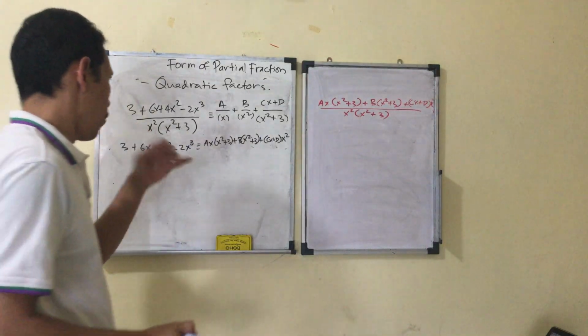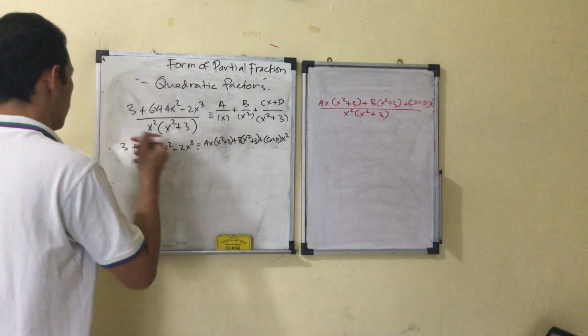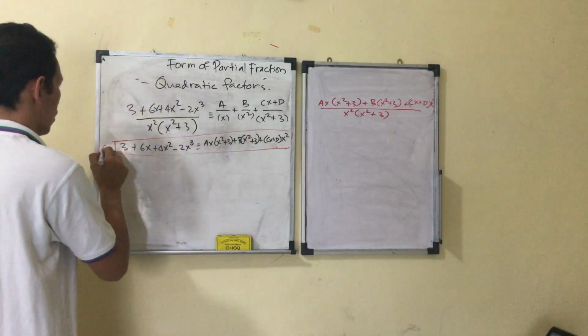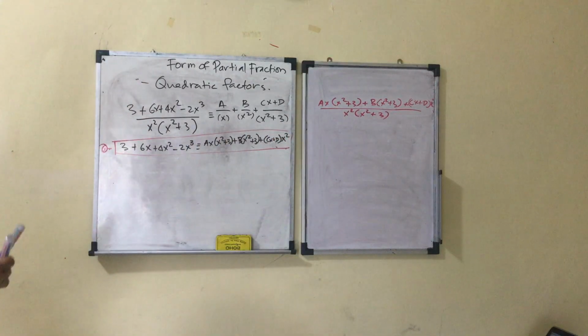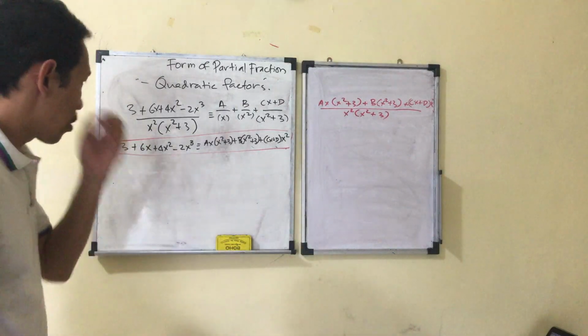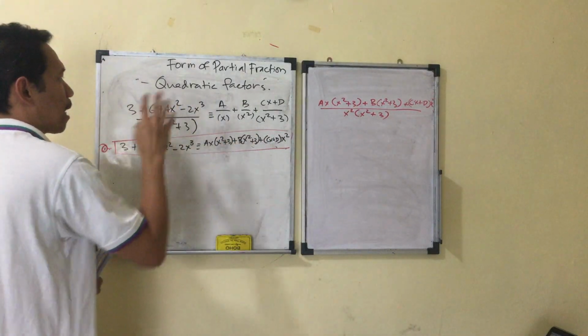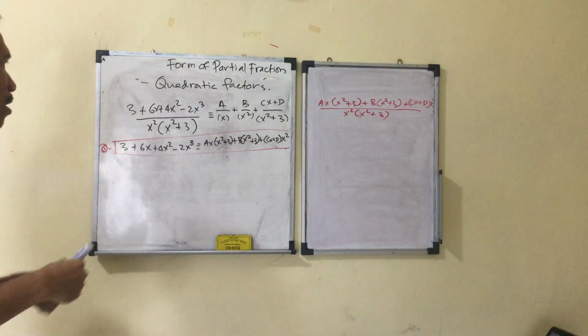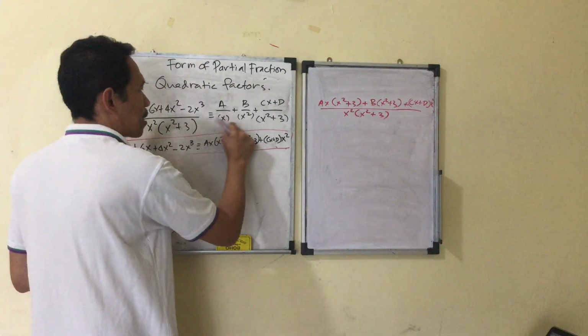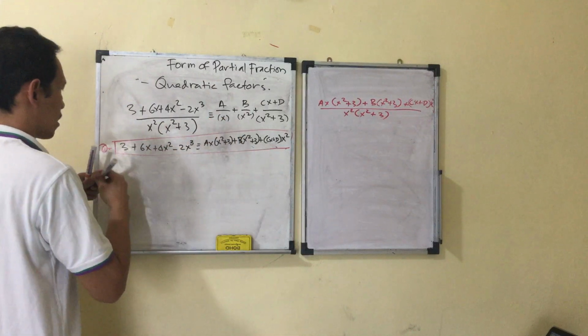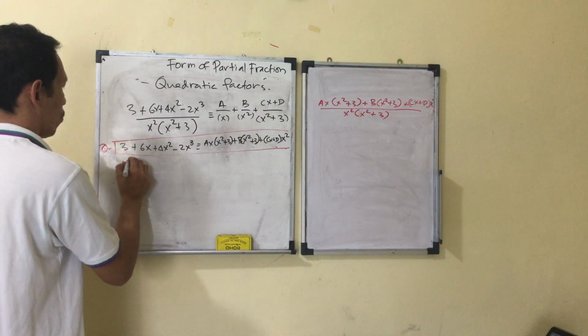Alright, now we have this as our equation 1. You can see this equation 1. Alright, and then we're going to solve that. Remember, when we have to put the value of x, what are the values of x? So in this case, we can say that when x equals 0, yeah?